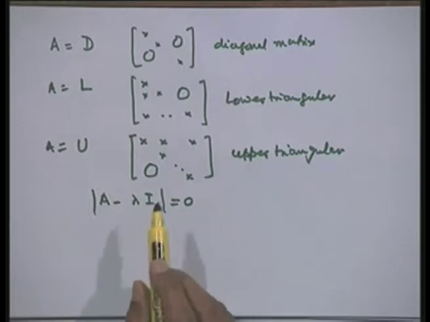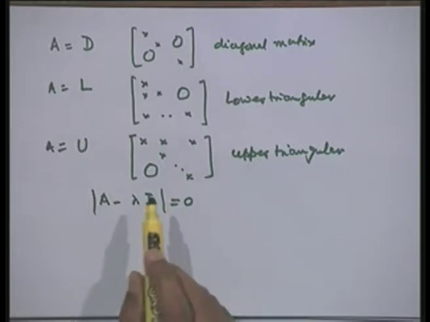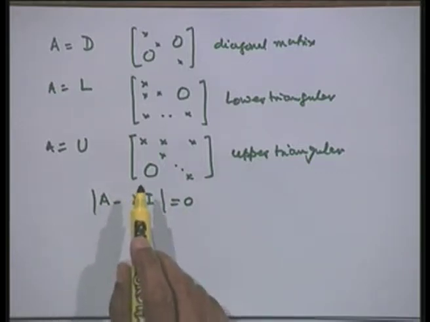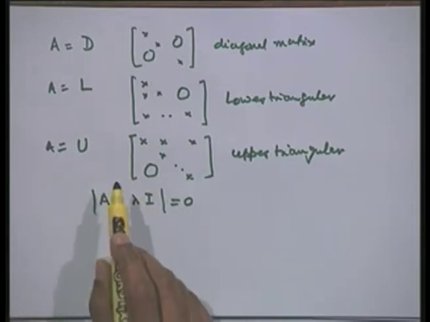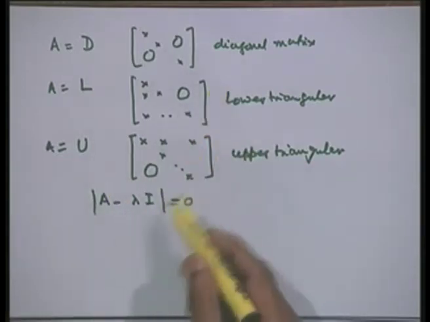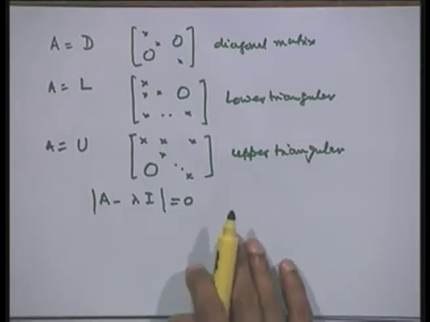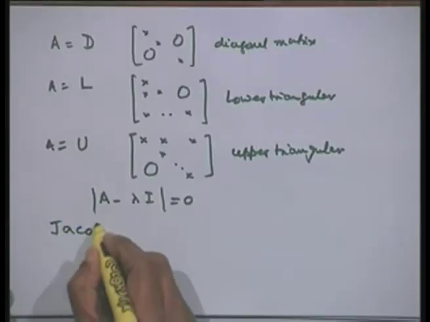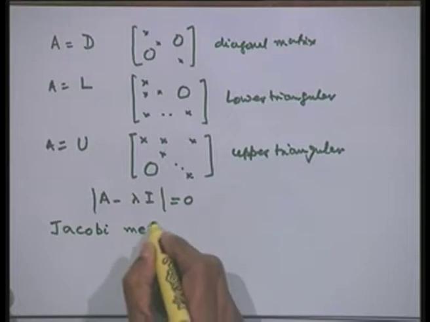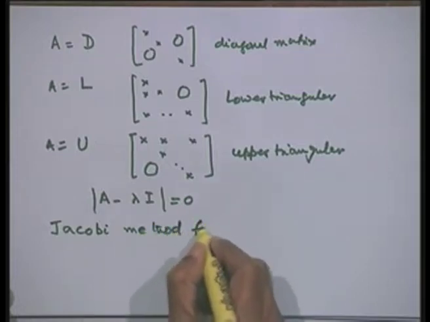Therefore, most numerical methods attempt to reduce the given matrix using similarity transformations to one of these forms, or some other possible forms. One particular method is called the Jacobi method, for symmetric matrices.